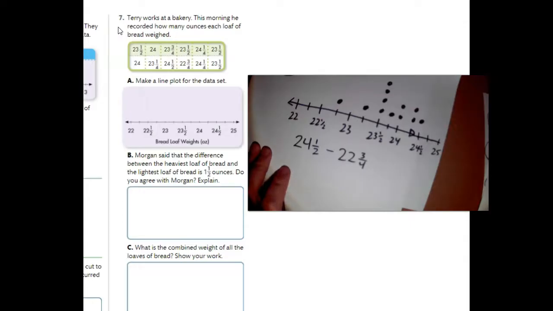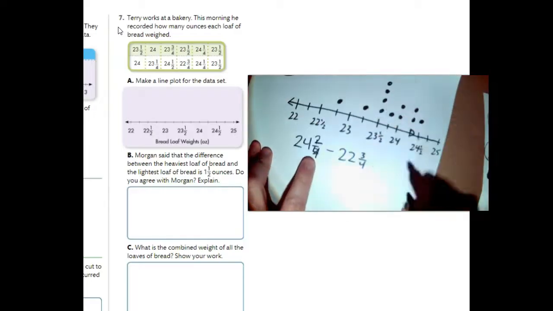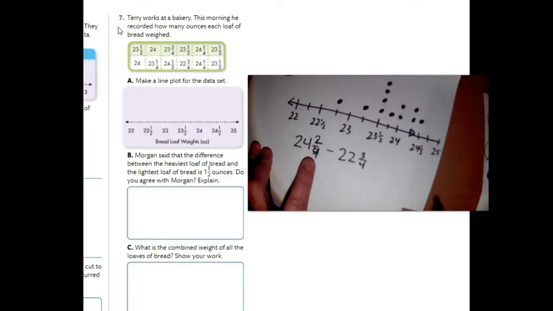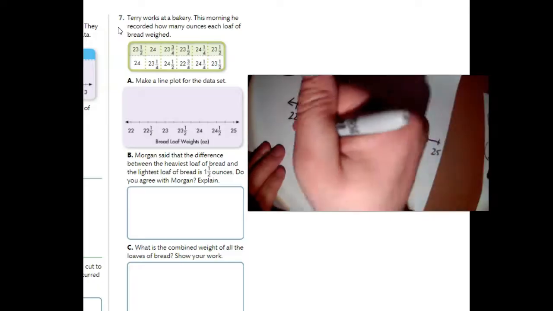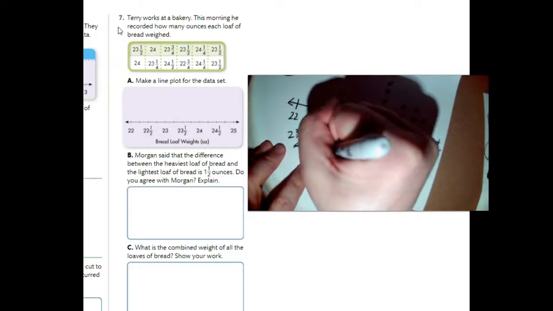No, I'm not. In fact, if I do the math here, I could take 1/2 and make it 2/4. Get common denominators, right? I can't take 24 and 2/4 minus 22 and 3/4, so I'd have to borrow. This becomes 23. We'd add on 4/4 to here.